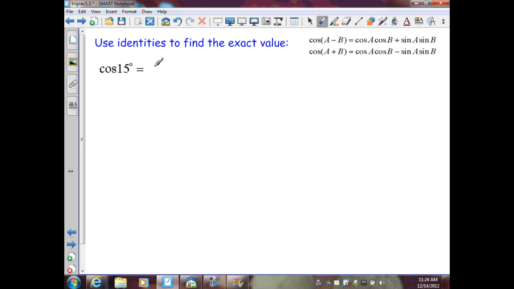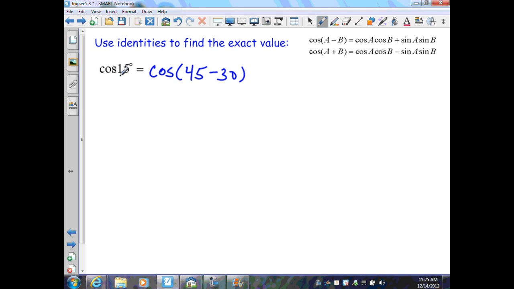For example, I can achieve 15 by taking cosine of 45 degrees minus 30 degrees. 45 degrees minus 30 degrees is our 15 degrees, and we can determine our values for 45 and 30. And this would be A, and this would be B. Now I just substitute into my difference identity.